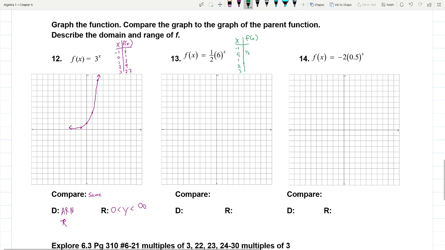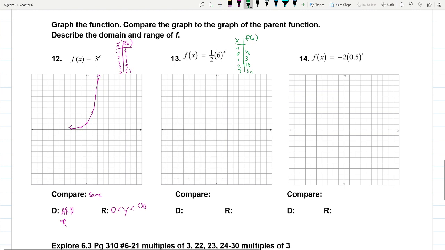If I plug in 1, I get half of 6, which is 3. If I plug in 2, that's 36 divided by 2, which is 18. If I plug in 3, it's a really big number, and it's not going to graph on here, so there's no reason to really do it.